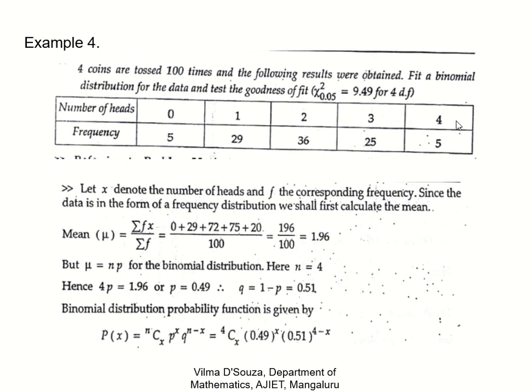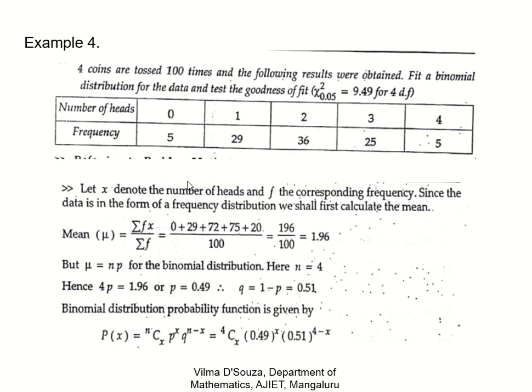You can expect a maximum of 4 heads, right? 4 coins you are tossing. So 2 heads 36 times, 3 heads 25 times and 4 heads 5 times. This is your observed data. Fit a binomial distribution for the data and test the goodness of fit.